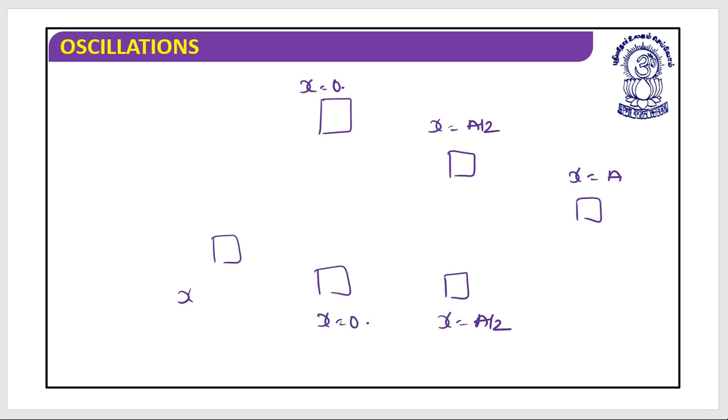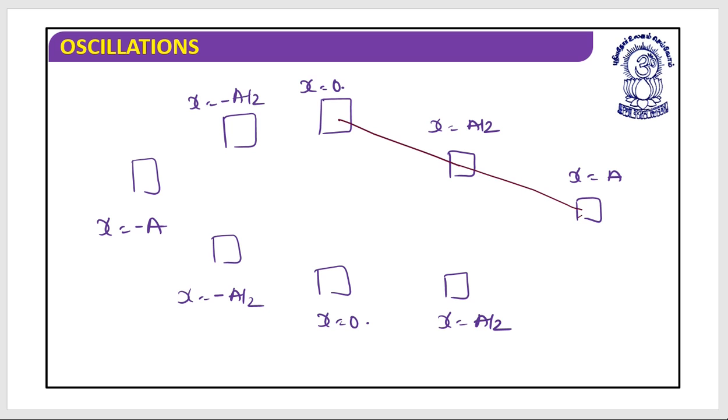Again this is x equals minus a by 2. This is x equals minus a. This is x equals minus a by 2. So when my particle travels, it will move from 0 to a by 2, from a by 2 to a, from a to a by 2, a by 2 to 0, 0 to minus a by 2, minus a by 2 to minus a, to minus a by 2, and minus a by 2 to 0. This would be the situation.